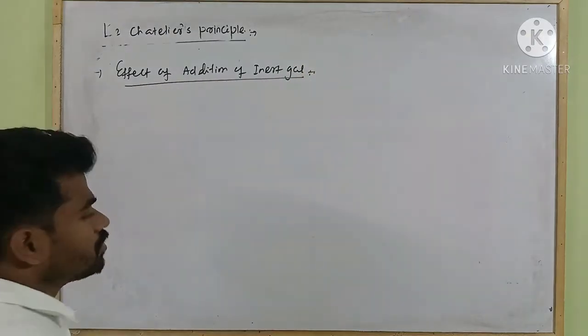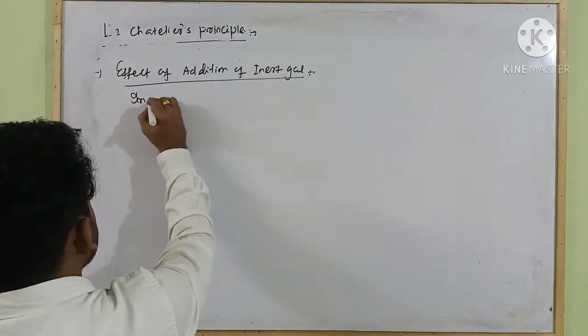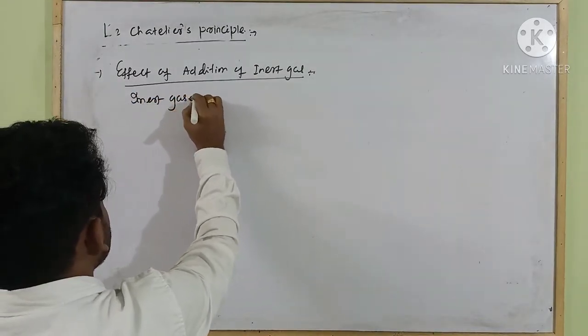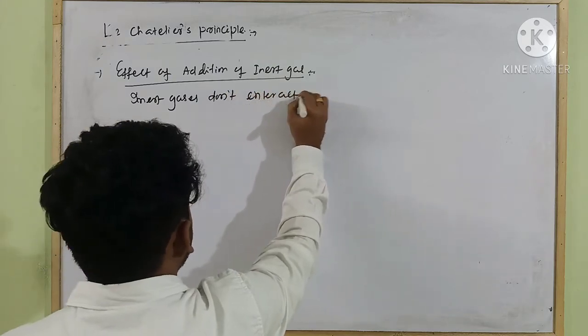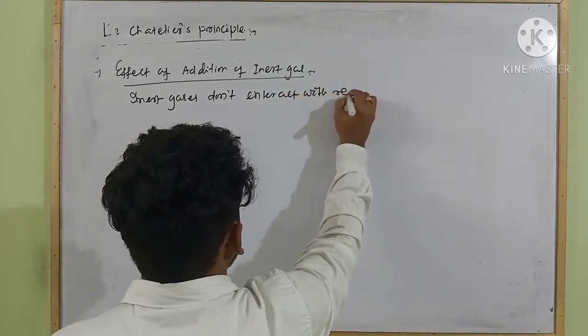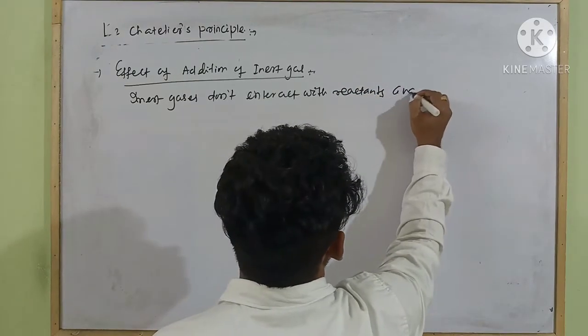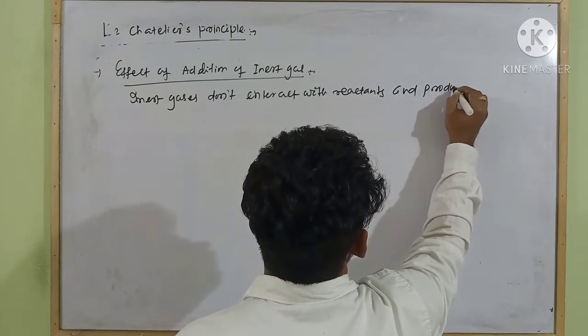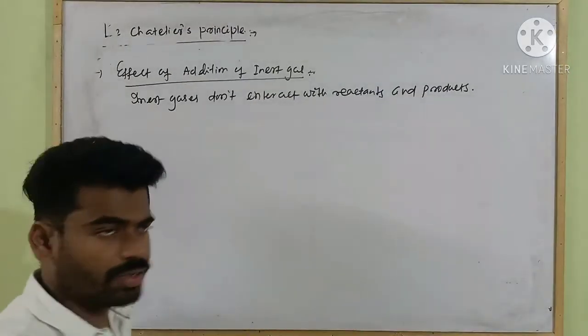Inert gas means gases which do not interact with reactants and products. So they do not interact. That's why these are known as inert gases.